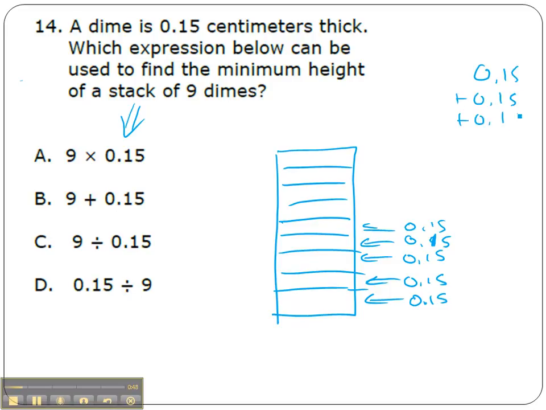But what's easier than that? 9 times 0.15. Remember, multiplication is just repeated addition. So if we have 9 dimes that are 0.15 thick, the total thickness would be 9 times 0.15, which is answer choice A.